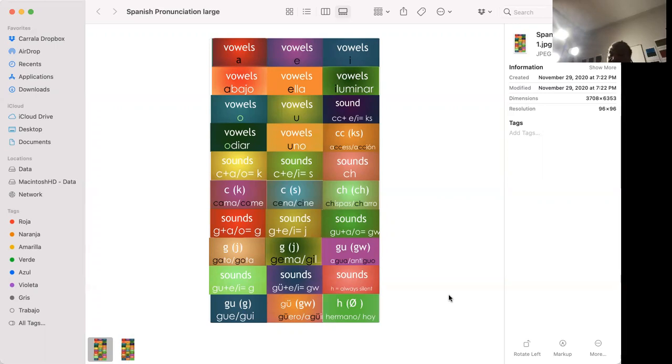The C plus the A, the C is hard. And the C plus the O, the C is hard. Because the C has more than one sound. It has a hard sound and it has a soft sound.